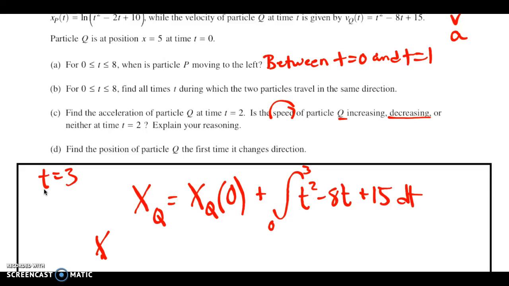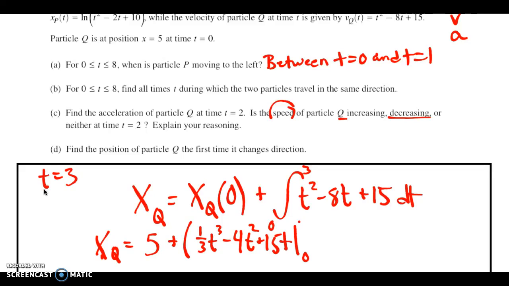So x of q would be equal to, at time 0 it was at 5, plus I've got to integrate that statement, which is 1/3 t to the third minus 4t squared plus 15t from 0 to 3.